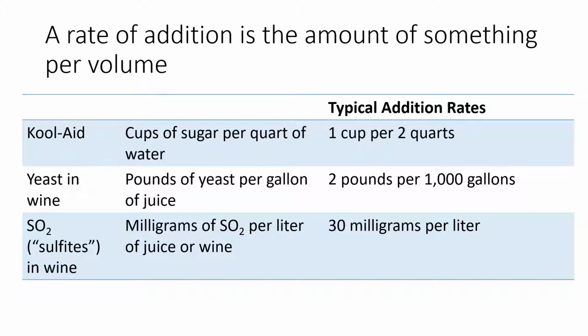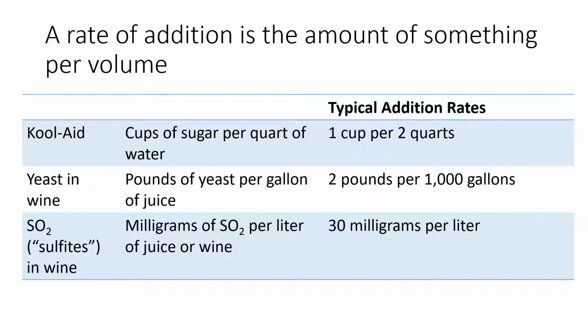Here are some typical addition rates. Kool-Aid, we look at cups of sugar per quart of water, and the typical recipe is 1 cup per 2 quarts. For yeast, as we mentioned, we typically look at pounds of yeast per gallon of juice. The typical addition rate is 2 pounds per 1,000 gallons.